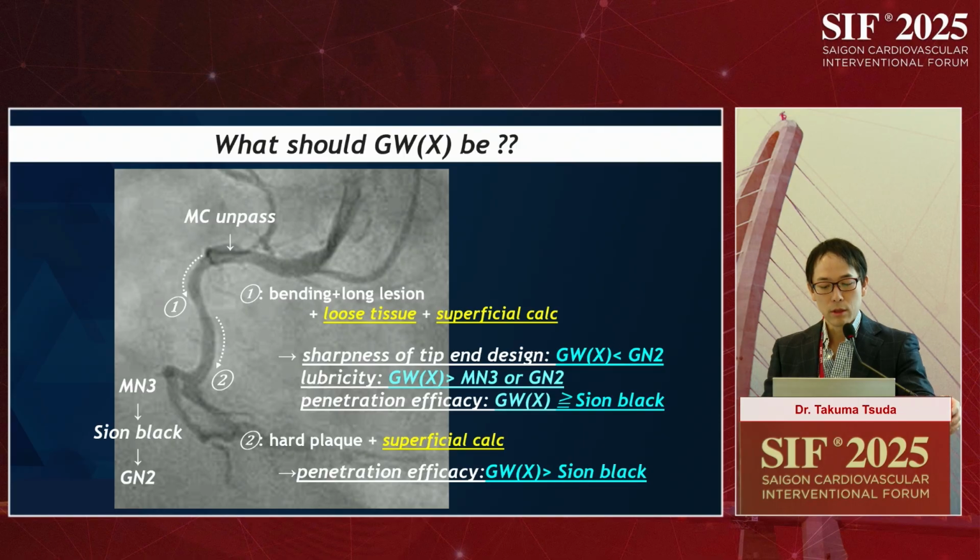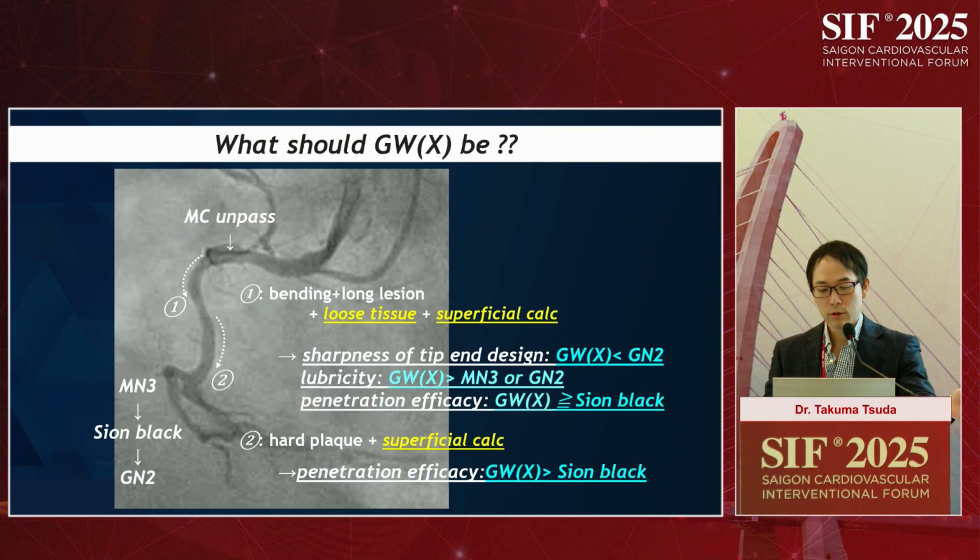But considering the Gaia Next 2 or Miracle Neo 3, they could not pass number one. Maybe superficial calcium is located inside number one. So that's why, to clear number one, lubricity is more important. I mean the polymer jacket is required to pass number one.